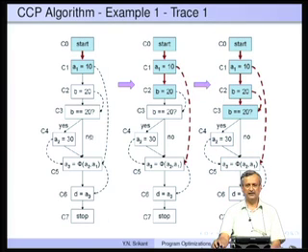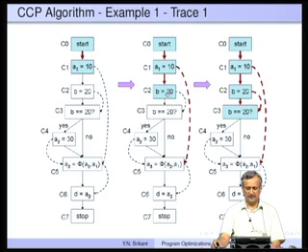So, how does the CCP algorithm work? You start with start, nothing happens, then you have a1 equal to 10. You do a symbolic execution. Now the value of a1 changes from undefined to 10, so this SSA edge is added to the SSA work list.